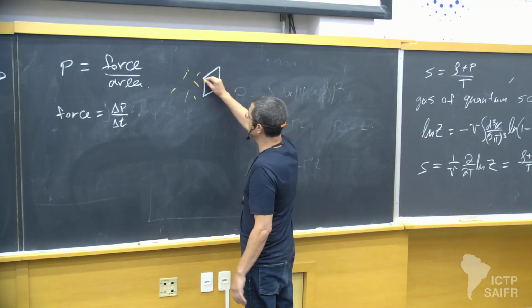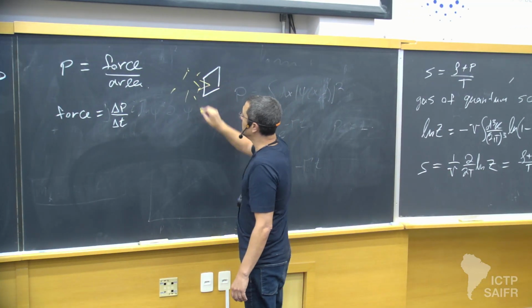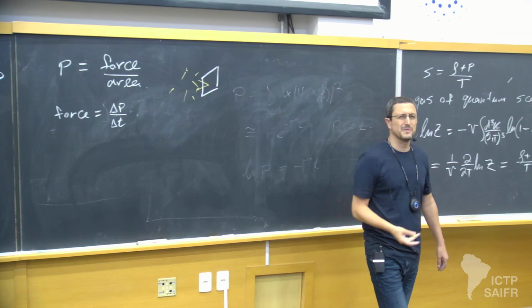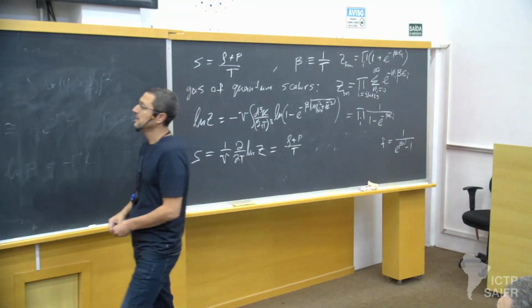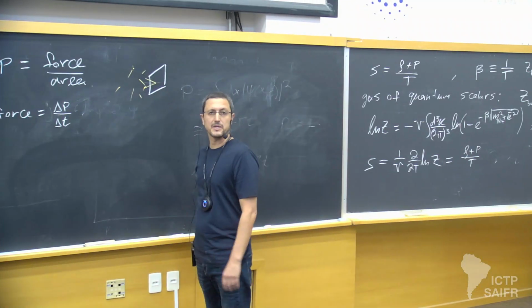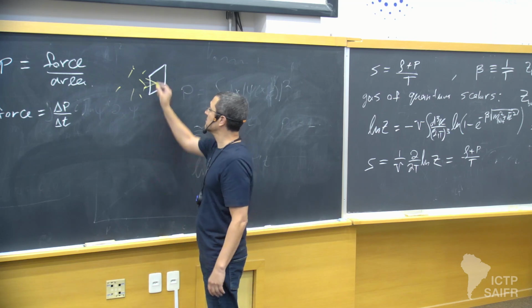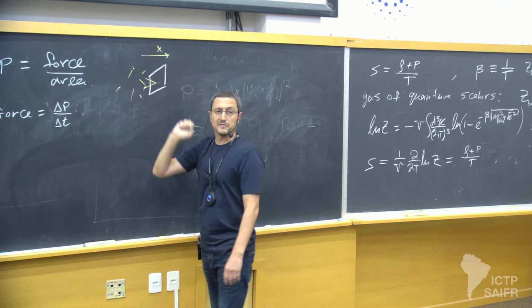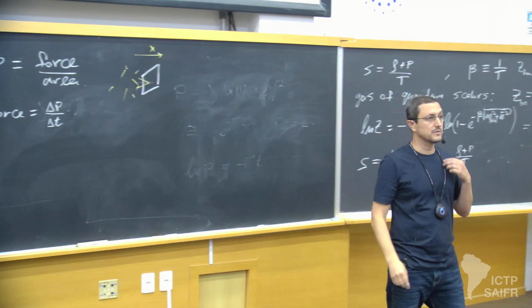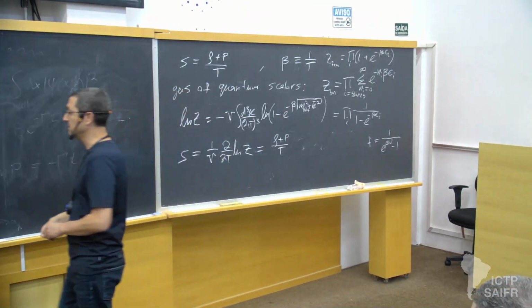A given particle that comes and hits my wall, I'm doing a very simple treatment of this, but the details are not important, is going to bounce back from my ideal wall. What does it mean? It's going to reverse its direction. Let's call this the x direction. It's going to reverse its momentum in the x direction. We will do this relativistically, actually. Why not?